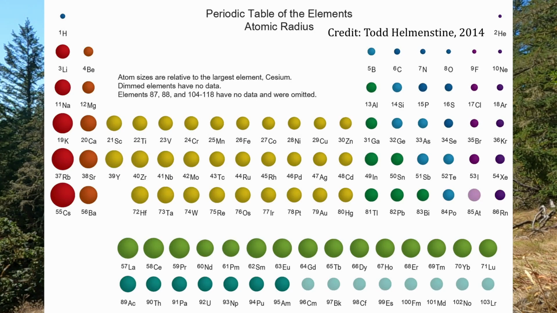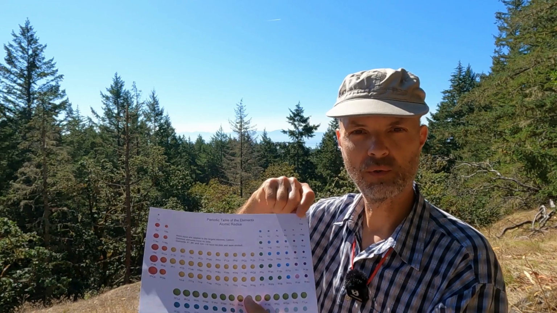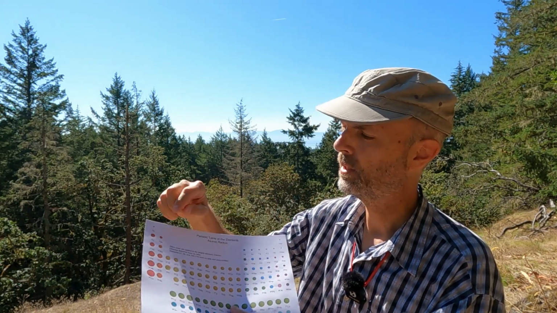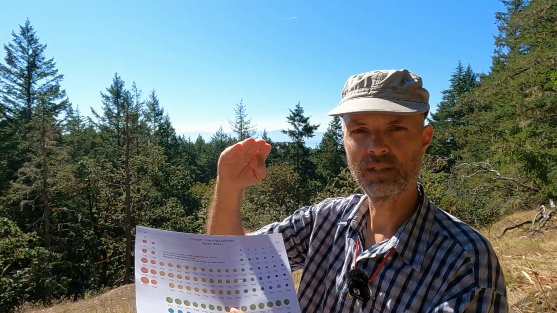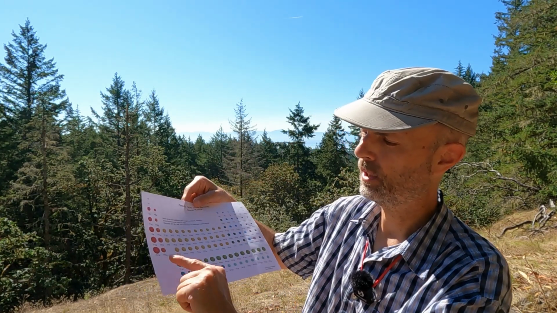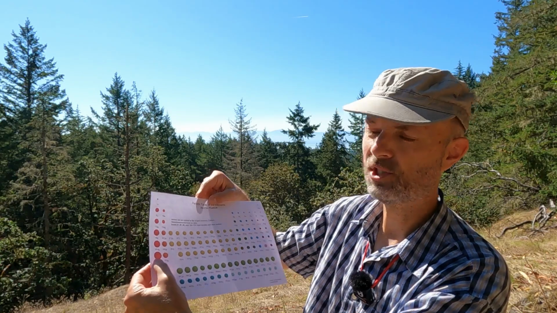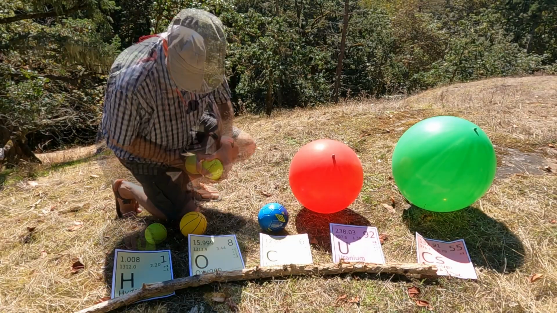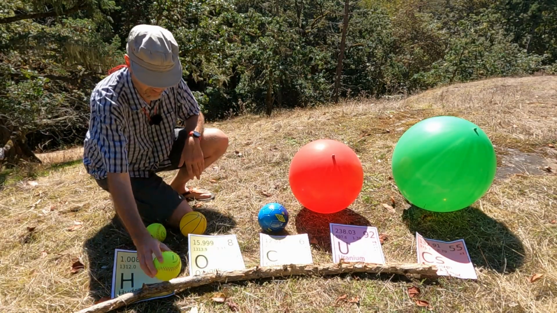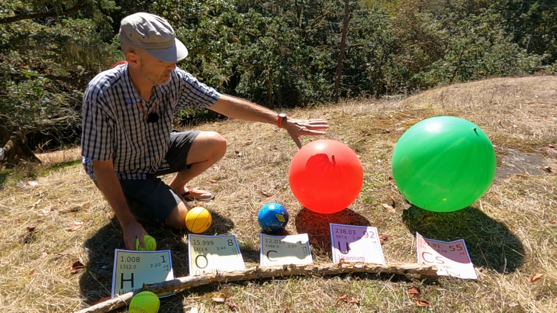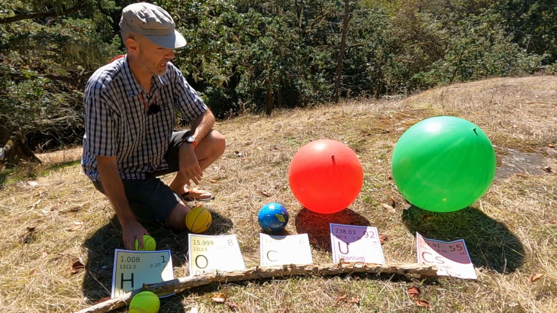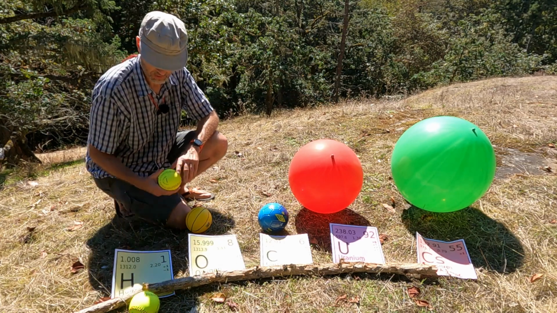So the atoms start on the small side with hydrogen. Helium, turns out, is a little bit smaller. And then it kind of grows in size, but then it tapers off until you get to the largest atom, which is cesium. Here are some relative comparisons of atoms: hydrogen, and then we go to oxygen, carbon, uranium, and the largest atom, which is cesium.